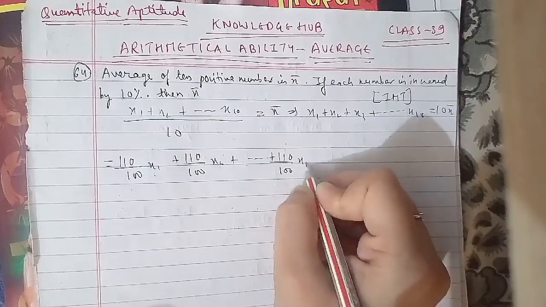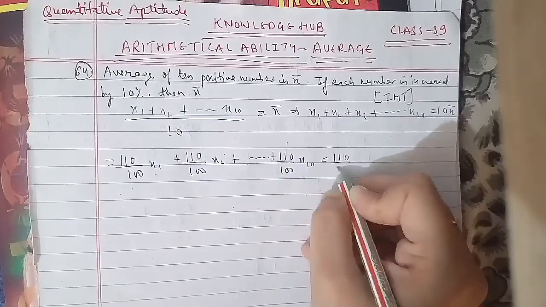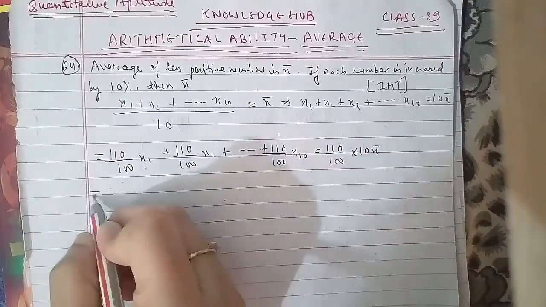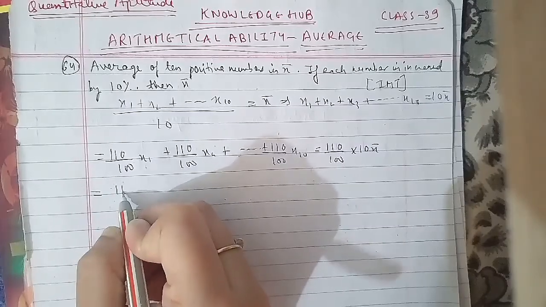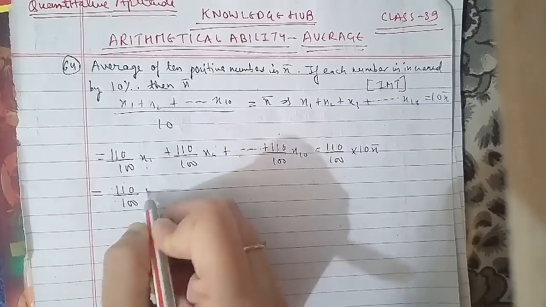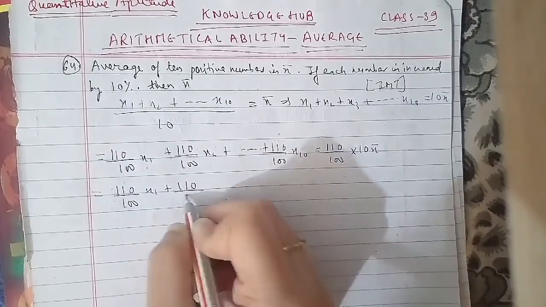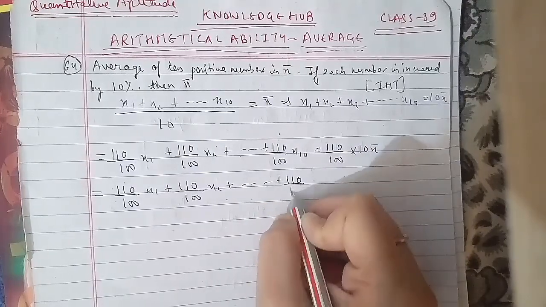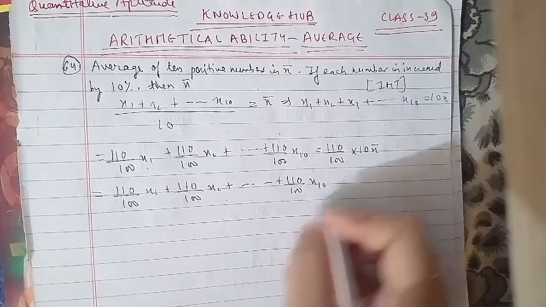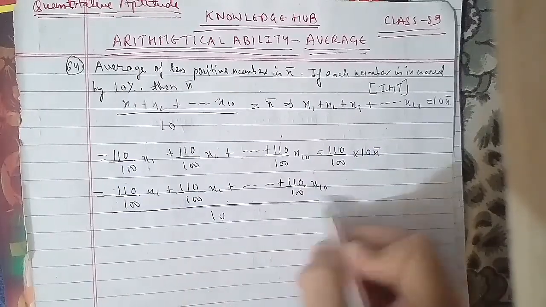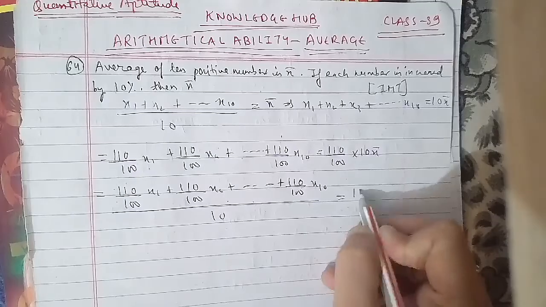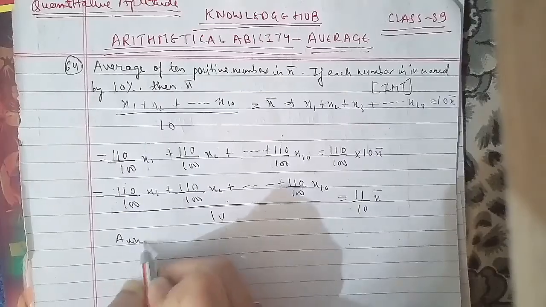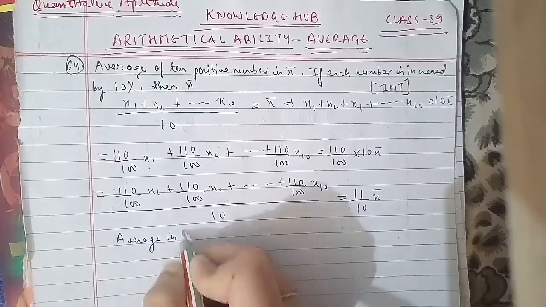For the same case, 110 upon 100 x1 plus 110 upon 100 x2 plus till 110 upon 100 x10, whole upon 10, equals 11 upon 10 x bar here. So the average is increased by 10%.